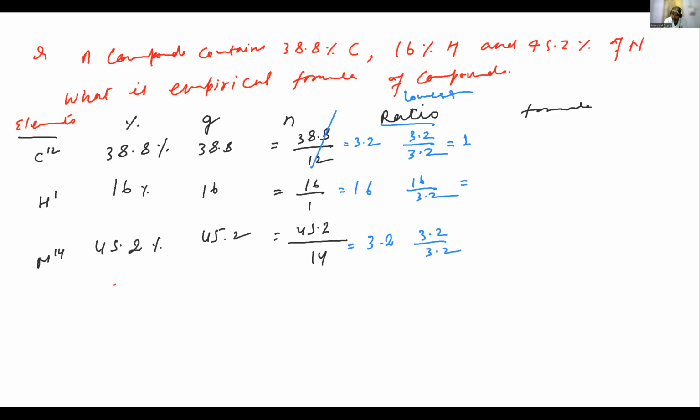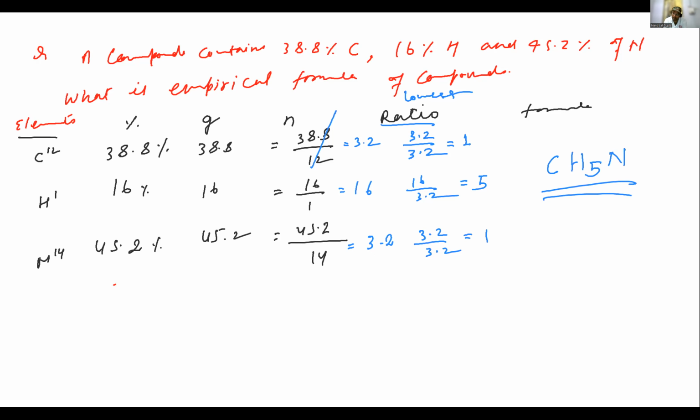Dividing, how much is coming? 16 divided by 3.2 gives 5. And the others are 1. So the formula is now whole numbers: CH5N. This is the empirical formula.